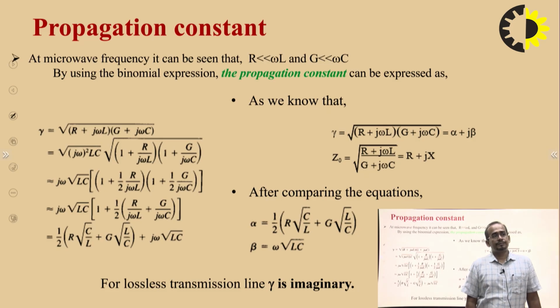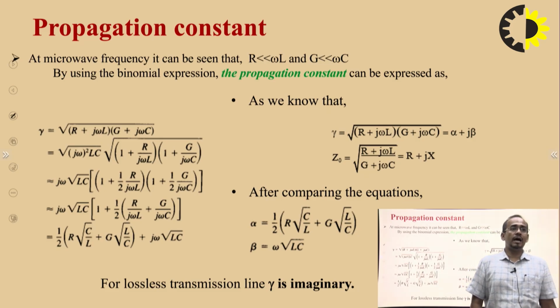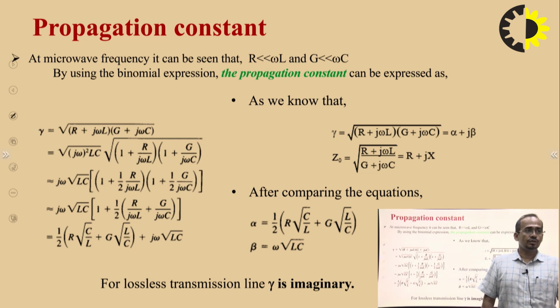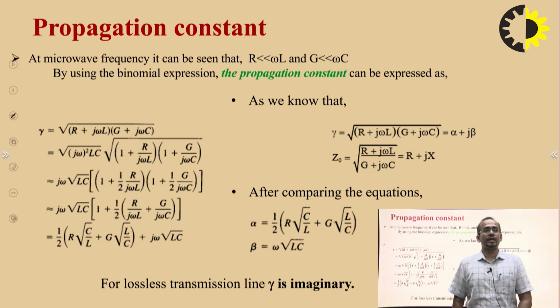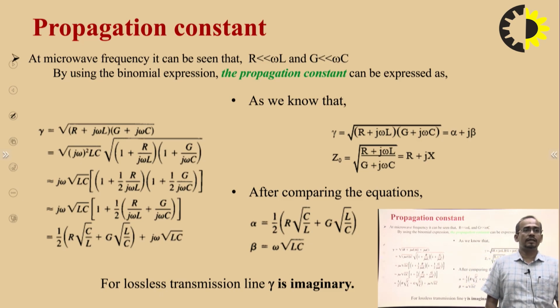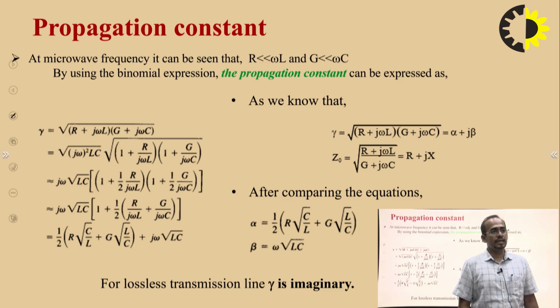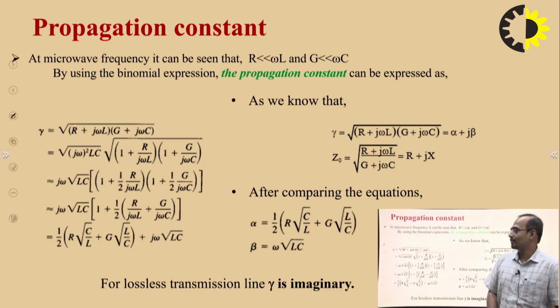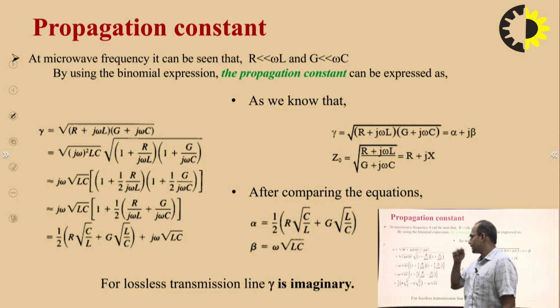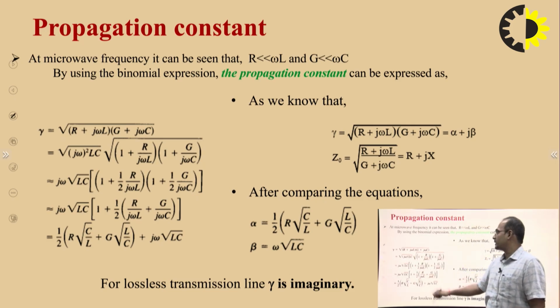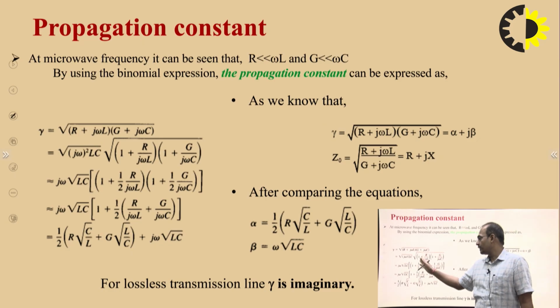Now, at microwave frequencies, it can be seen that R is less than ωL and G is less than ωC. So, by using the binomial expression, you can find the propagation constant, which can be expressed as gamma is equal to the square root of (R + jωL)(G + jωC), square root of (jω)² LC. Here we have taken jω common from each term.